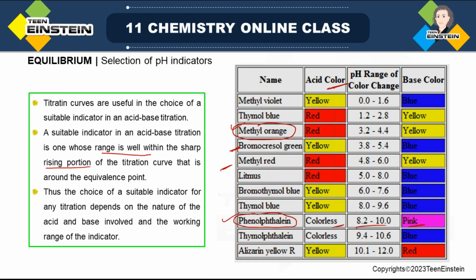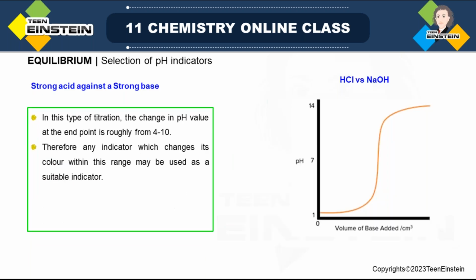So it is within the pH range that we have seen. You can also use phenolphthalein because the range is still within 3 to 4 to 10. Though it is 8 to 10 towards basic, but still it is within the range. So that is one important point when you have taken strong acid, strong base, basically that we are going to discuss next. That is strong acid, strong base combination.